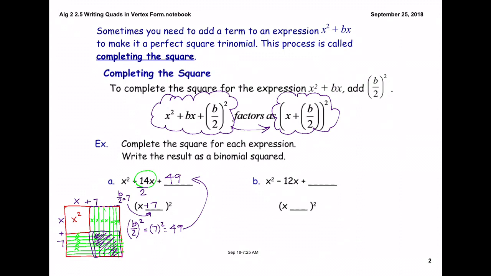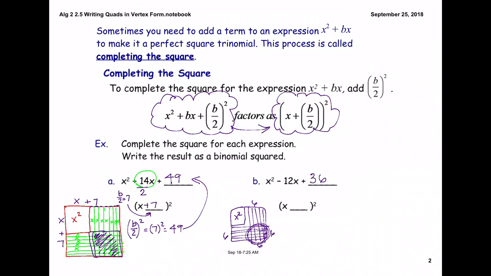So looking at the next example, you could draw your square if you needed to, and put your x squared in the corner, 6 x's on either side. So if you have 6 1s and 6 1s to complete your square, you should have 36 unit tiles.